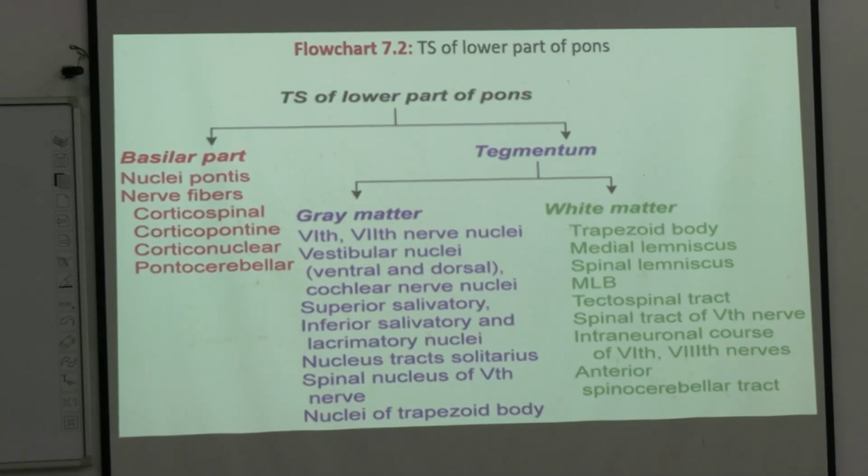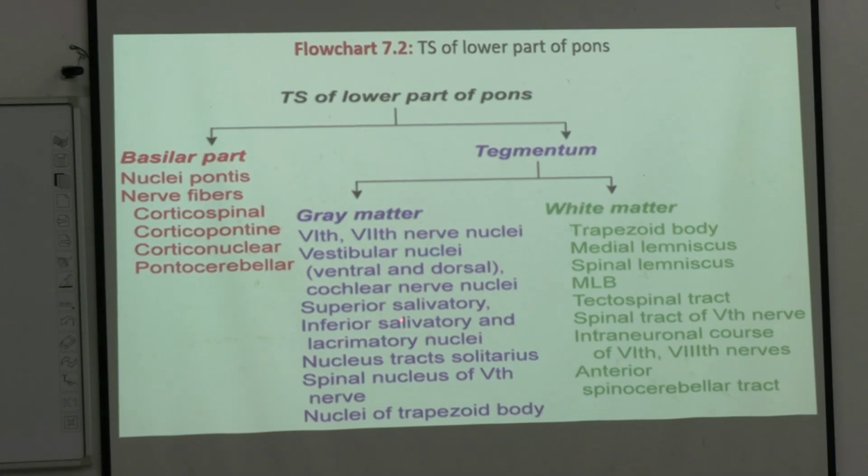Moving back to the content we have to produce: this tegmentum, or posterior part, has the gray matter, which is the nuclei of the 5th, 6th, 7th and 8th. Along with that, we have the adjacent nuclei, the salivatory and lacrimal nuclei.